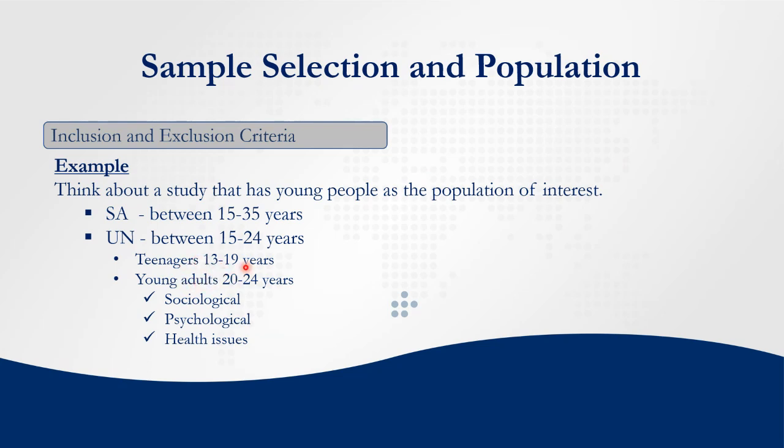Then it means you have to amend your definition of young people so that it can include those who are left out, because these two definitions don't include them. So you might end up saying, I'm going to amend it and include 13 to 19 years, because I want to compare the teenagers and the young adults.